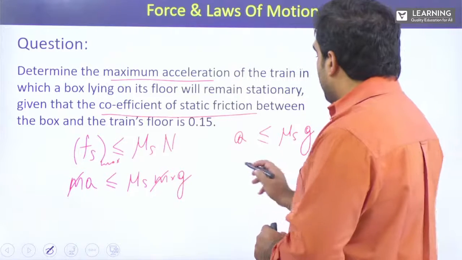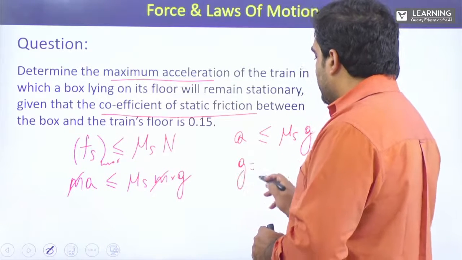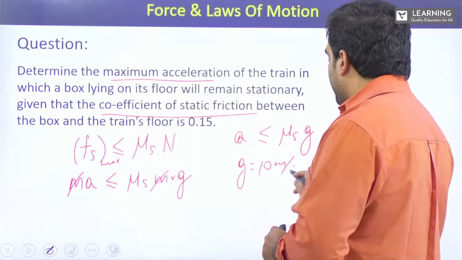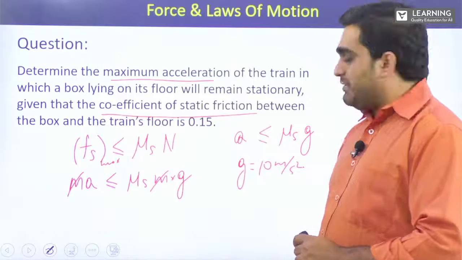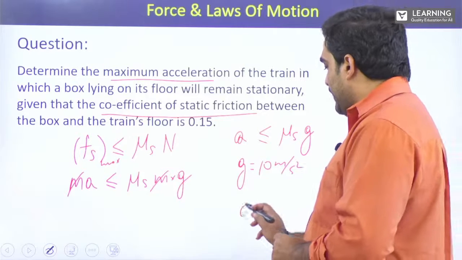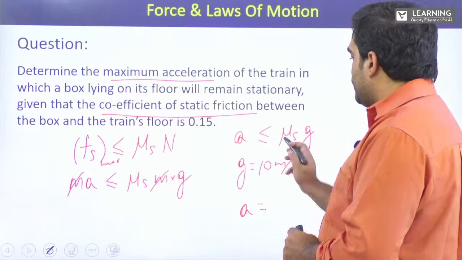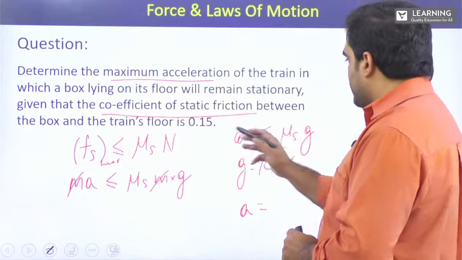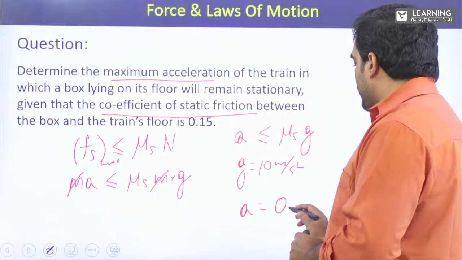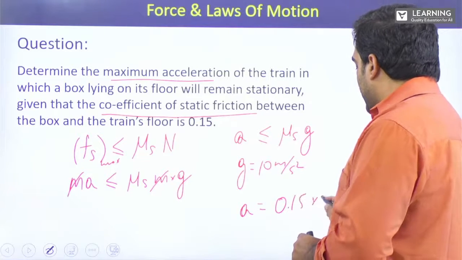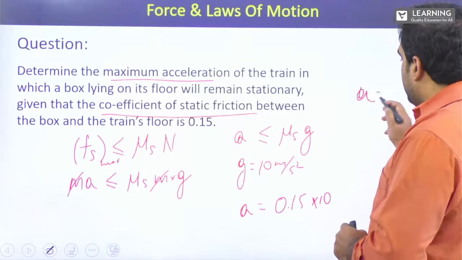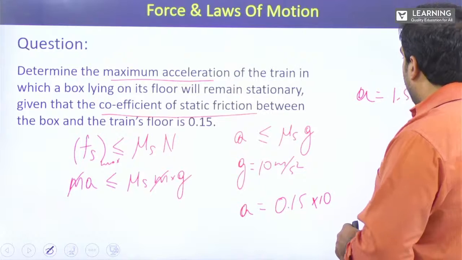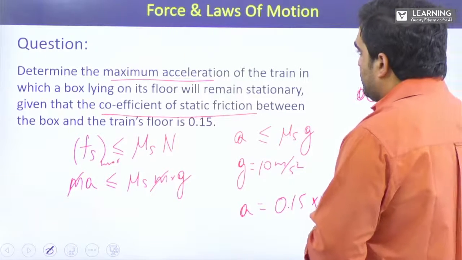If g is 10 meters per second squared, how much will the acceleration be? A simple calculation: A equals the coefficient of static friction, 0.15, times 10. So you get A equals 1.5 meters per second squared.